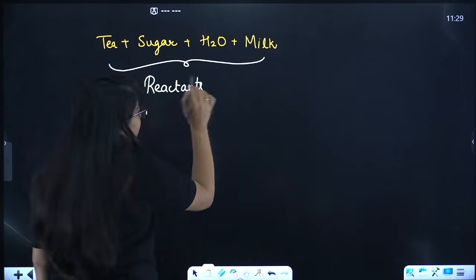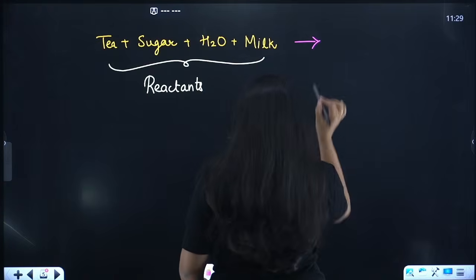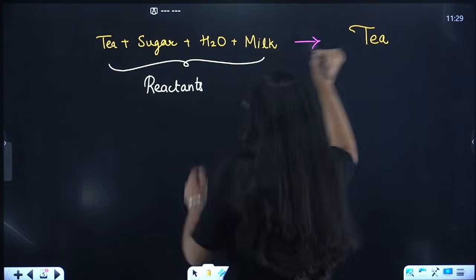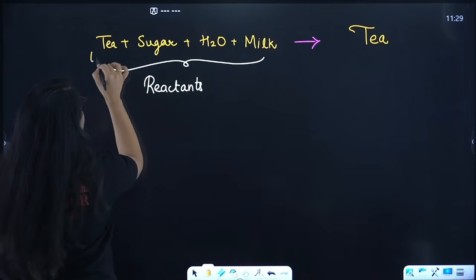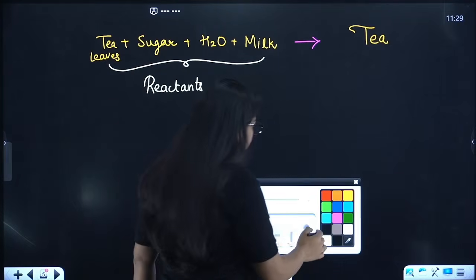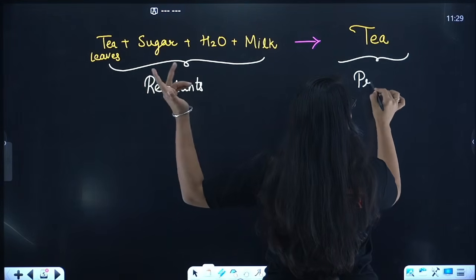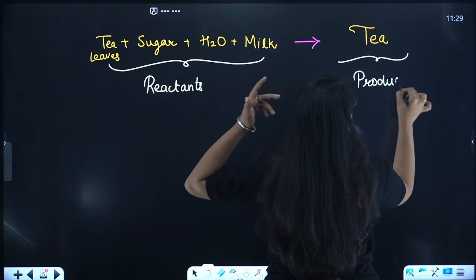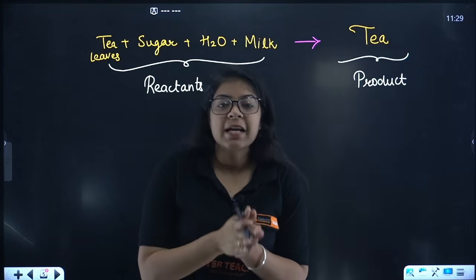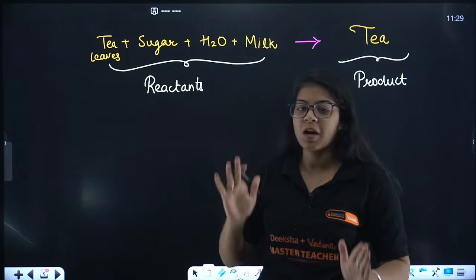I am assuming that you know this, but I'm still telling you, okay? And the final product that is being formed, that is your tea. The substances that combine are called reactants. The substance that is finally being made is called your product.